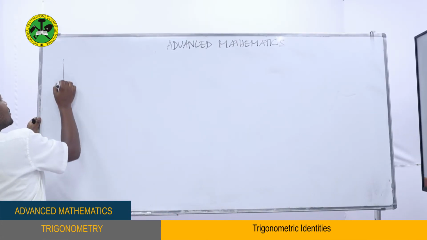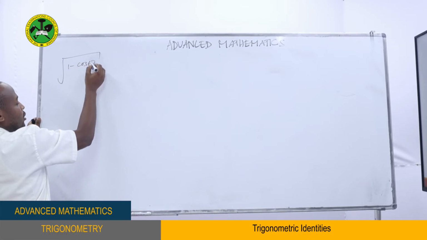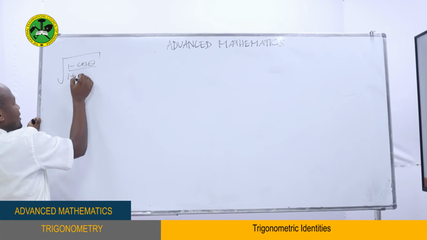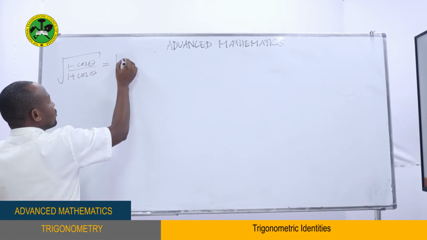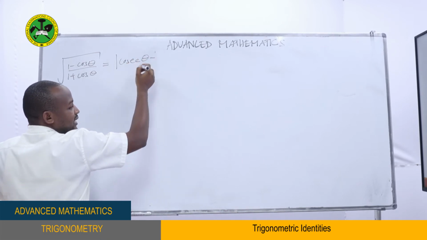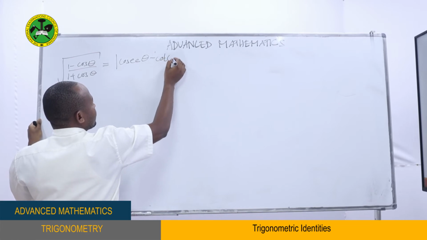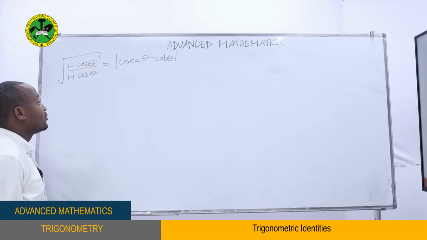So we have the square root of (1 minus cos theta) over (1 plus cos theta) is equal to the absolute value of cosec theta minus cot theta. We are supposed to prove that.